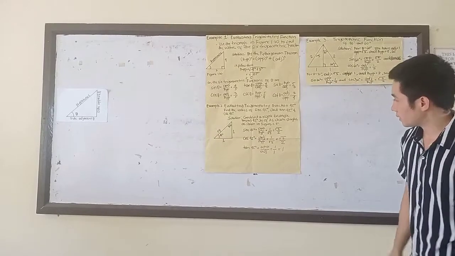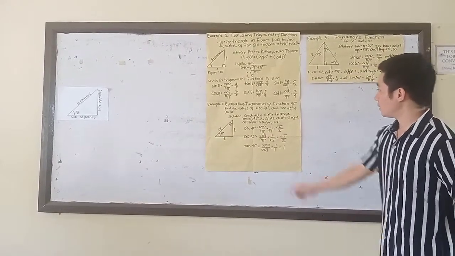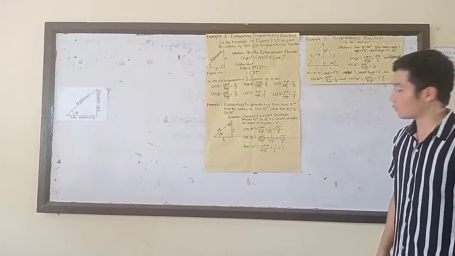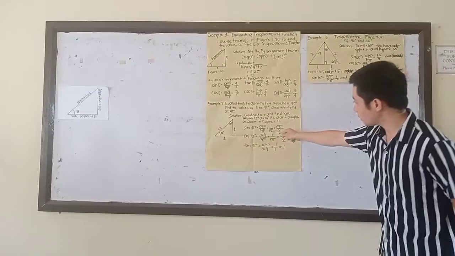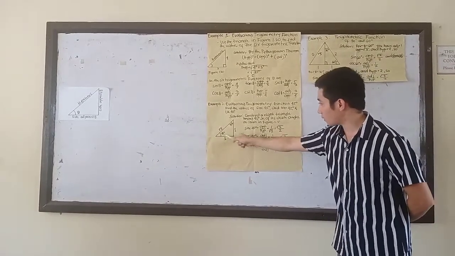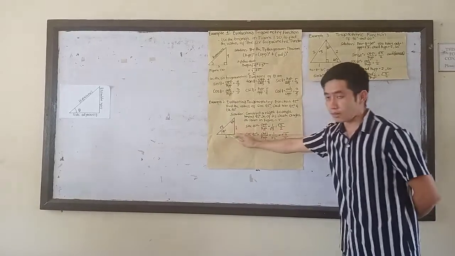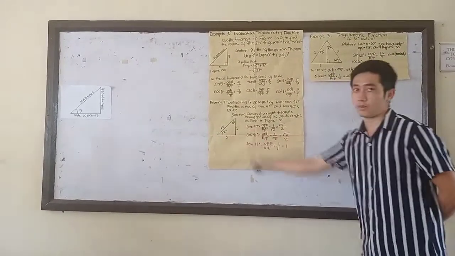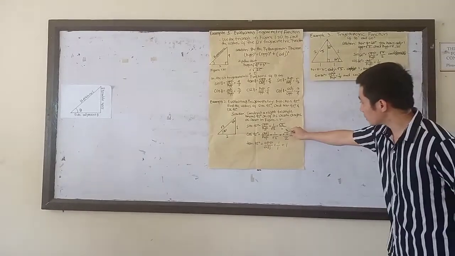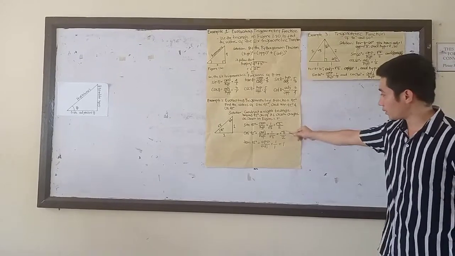Sine 45 equals opposite over hypotenuse, equals 1 over square root of 2, since the hypotenuse is square root of 2 and the opposite is 1, equals square root of 2 over 2.